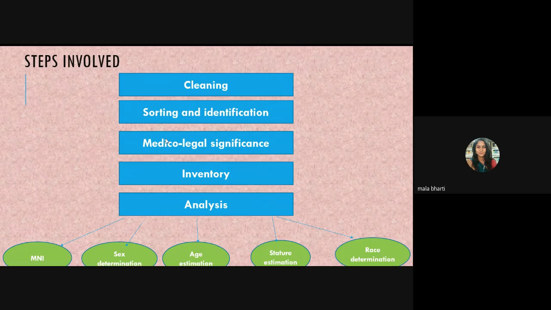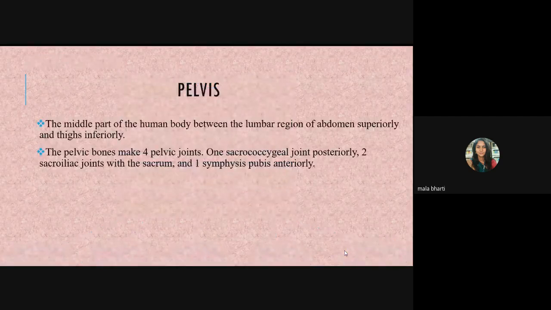With race, broadly we classify whether the person is a negroid, a caucasoid or a mongoloid. For that we have several indices, like the cephalic index and the nasal index, and we get a certain range and determine the race of the person.